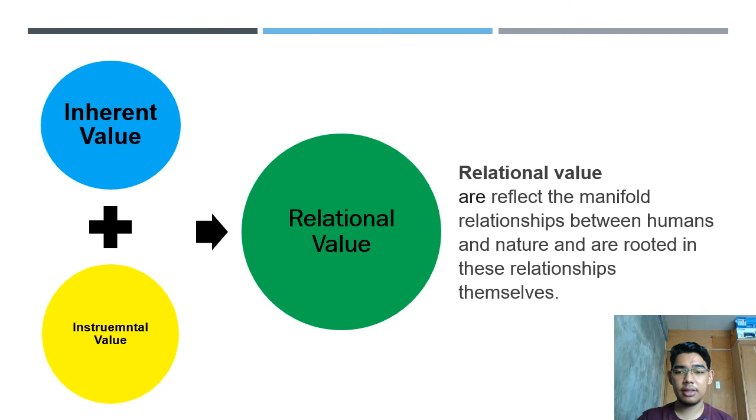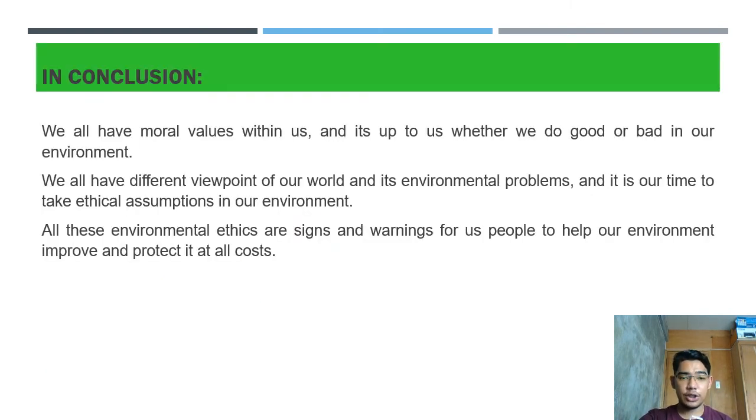In conclusion, we all have moral values within us, and it is up to us whether we do good or bad in our environment. We all have different viewpoints of our world and its environmental problems, and it is our time to take ethical assumptions in our environment. Lastly, all these environmental ethics are signs and warnings for us people to help our environment, improve it, and protect it at all costs.